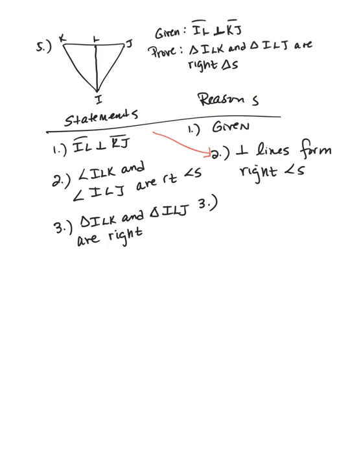But in question 5 here, I'm not trying to prove that the angles are congruent. I'm headed in a different direction. I want to prove that I have right triangles. So I proved that I have right triangles, and my reason would be coming from line 2. Okay, but it would be a triangle with a right angle is a right triangle, which is the definition of a right triangle.